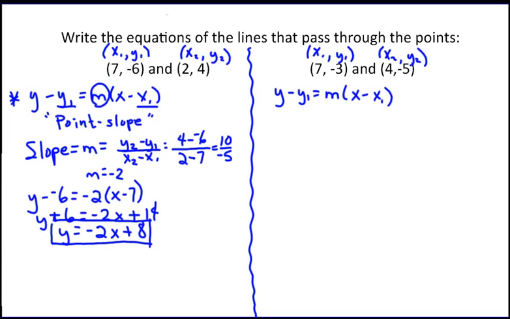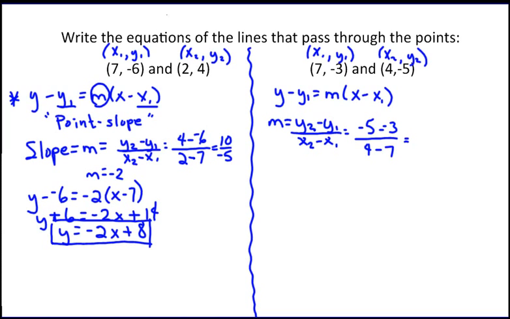Let's figure out our slope by using the same formula that we did on the left, the difference in the y's over a difference in the x's. So y2 is negative 5, y1 is negative 3, x2 is 4, and x1 is 7.